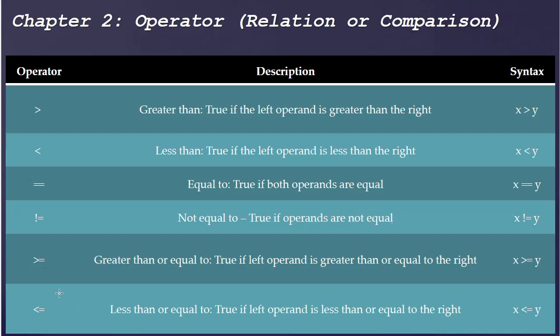And greater than or equal to is true if the left operand is greater than or equal to the right. And similarly, less than or equal to is true if the left operand is less than or equal to the right.